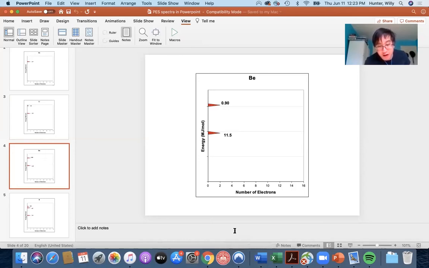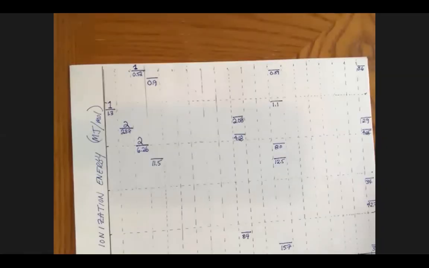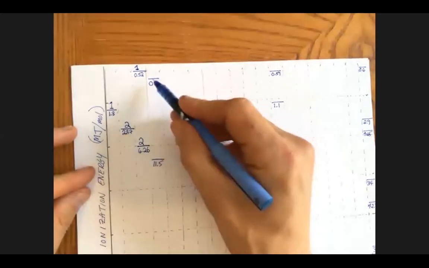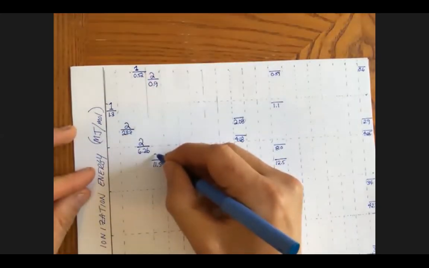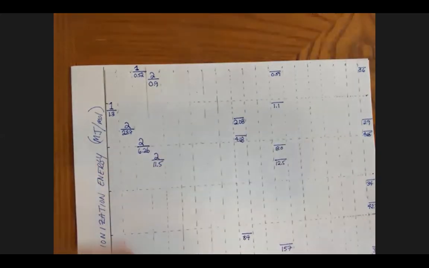And so if you drag it down to the number of electrons, it looks like both of the peaks are at 2 electrons each. Okay, so let's put that on our graph. At 0.9, we had 2 electrons, and at 11.5, we had 2 electrons. Fortunately, that's one of the ones that was already in there for us, so we didn't have to draw that. Looks good.